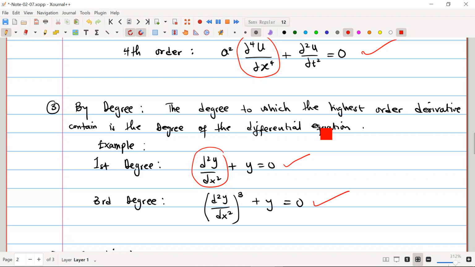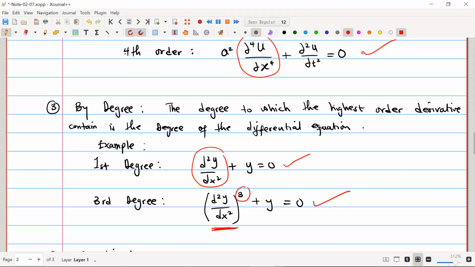On the other hand, if you look at this one, this is a second order derivative, but the degree here is what? 3. So this is a third degree ordinary differential equation, right? So the power of the highest order is what we use for the degree of the differential equation.